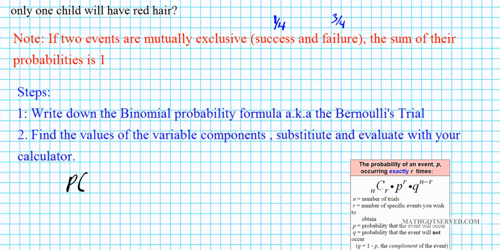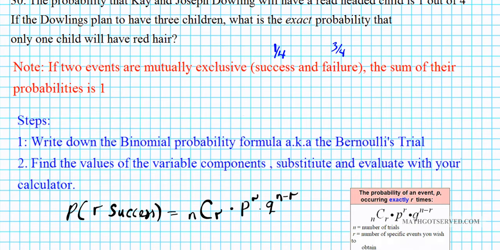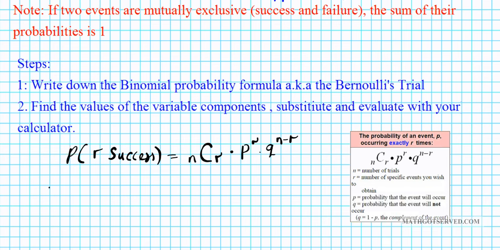R successes, so they want one child, is equal to, and let's write down the formula, the total number of children that you're selecting from, N choose R. NCR times probability of success raised to the R power times probability of failure raised to the N minus R power. All right. Okay, so let's figure out what our variables are. This is the tricky part. N, R, P, and Q.